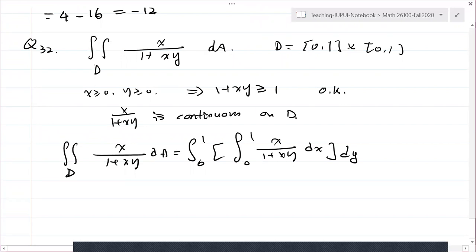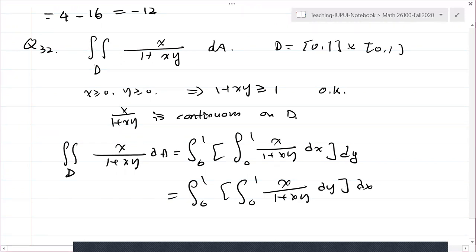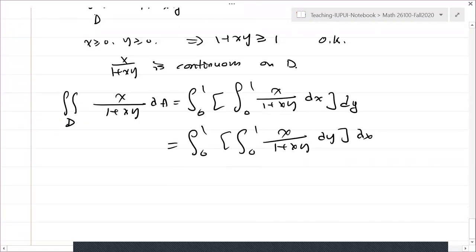You can decide which one you want to use. If you use the x variable, you find that's a little bit more complicated because you have the x variable in the numerator and the y variable in the denominator. If you switch it, I think the second one is better because you just need to consider one variable here in the denominator, right?